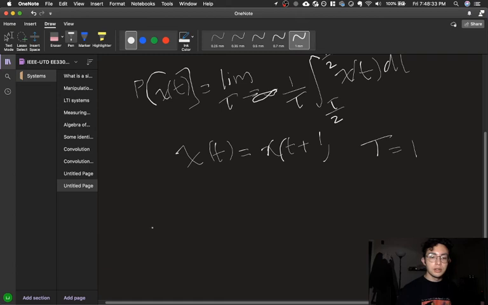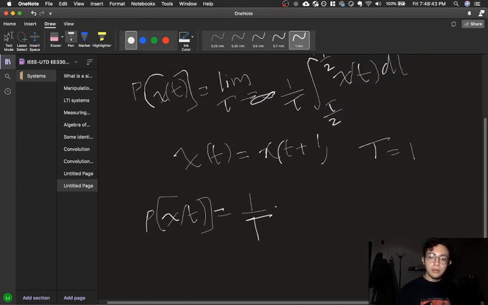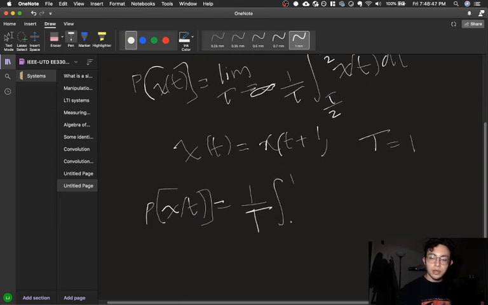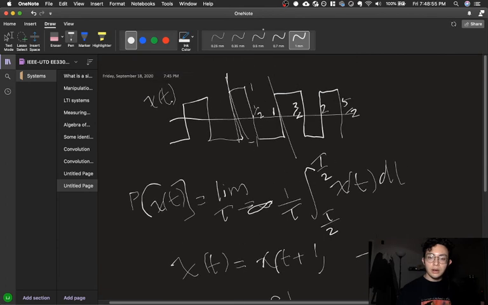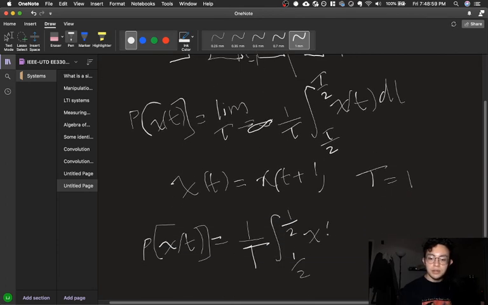So the power of x of t is equal to 1 over big T times the integral from -1/2 to 1/2 of x of t.